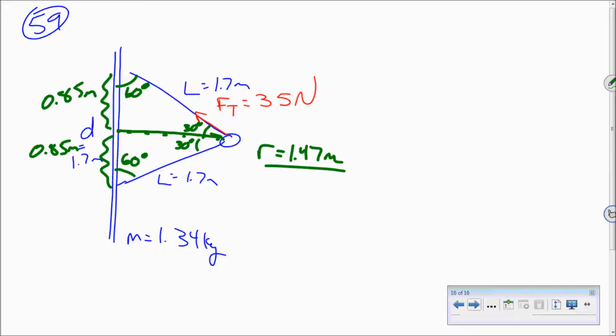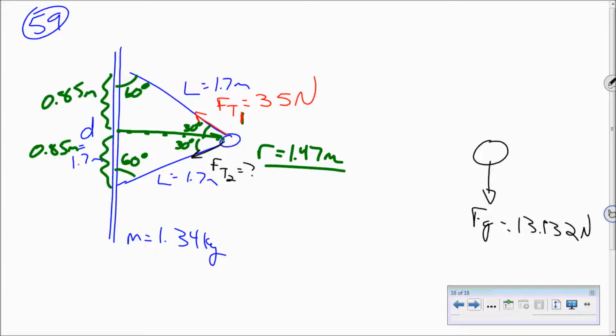So let's call this one tension 1, and we're trying to find the force of tension 2, right? Okay, so let's draw this thing. Here's the ball. Gravity is pulling it down with a force of 1.34 times 9.8. That gives you 13.132 newtons.